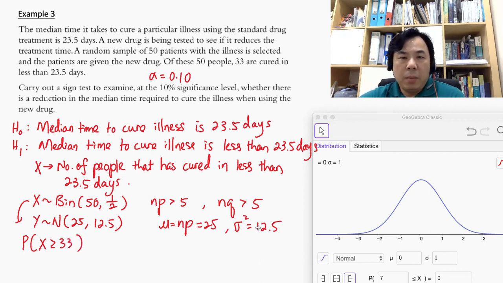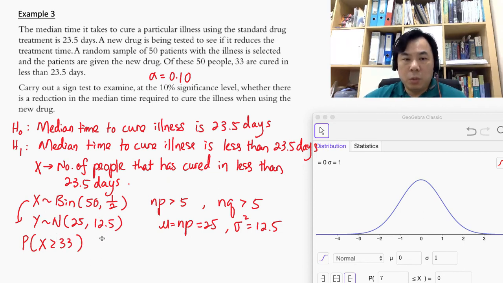So if there are more people cured in less than 23.5 days, therefore the chance of rejecting the null hypothesis is greater. So we have significant evidence to suggest that we can actually reject the null hypothesis. So we are interested to find x greater than or equal to 33.